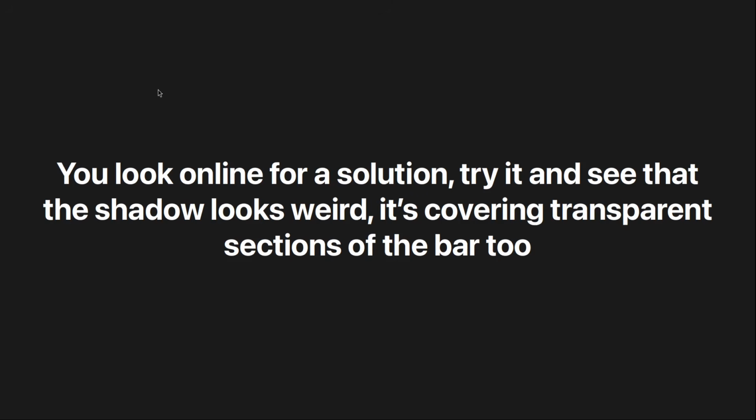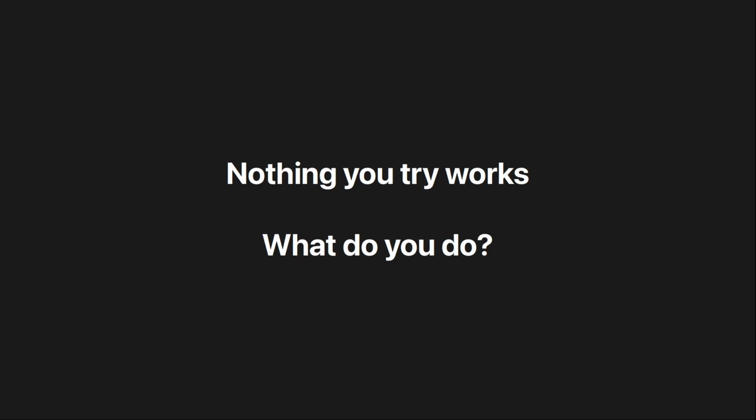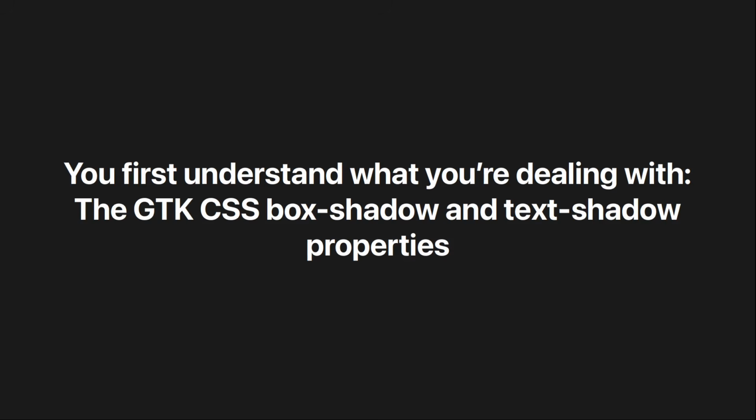Basically, this entire bar section, instead of just having the shadows around the islands rather, it's everywhere. The shadow is everywhere and it looks ugly. Not good. Nothing that you try works. Now what do? You first understand what you're dealing with, right? Which is the GTK CSS, box-shadow, and text-shadow properties.